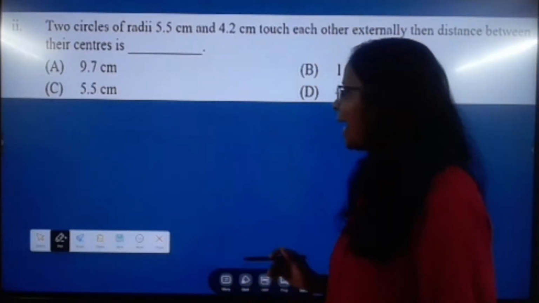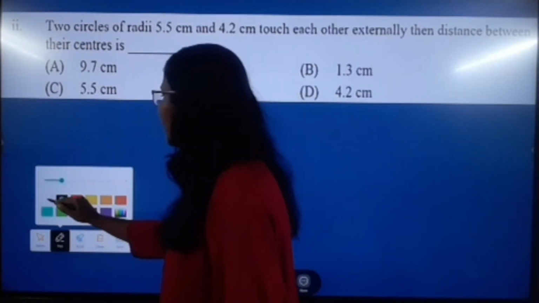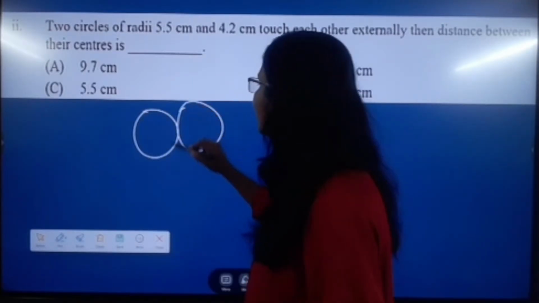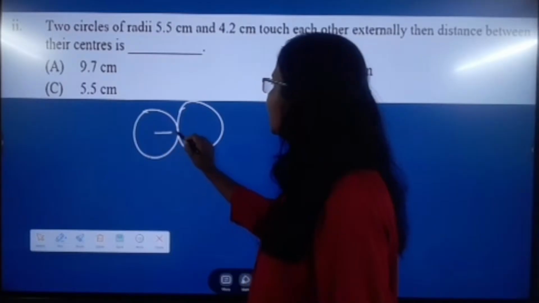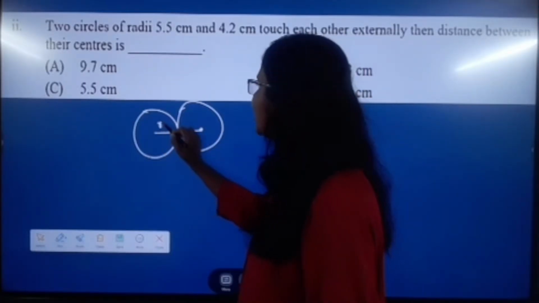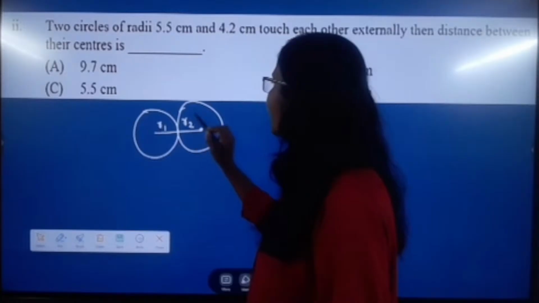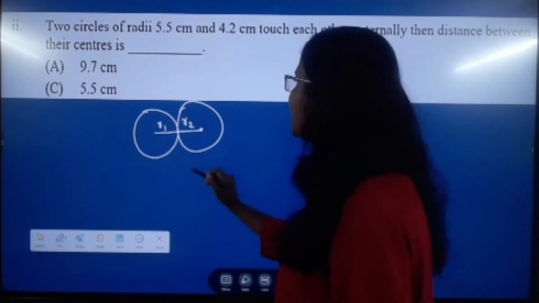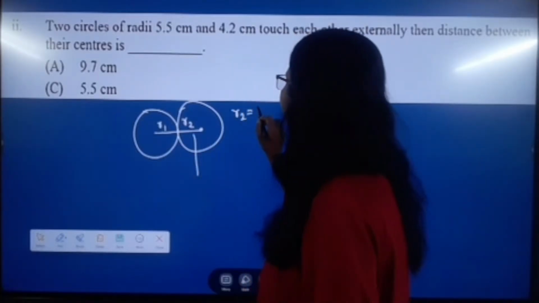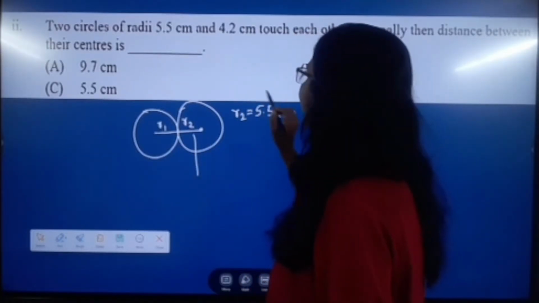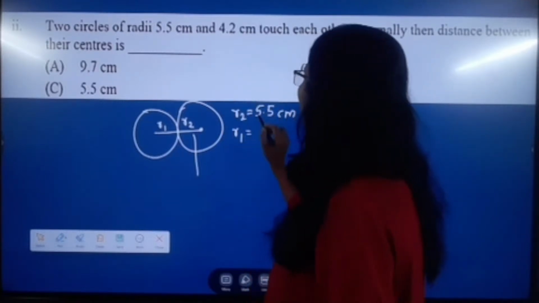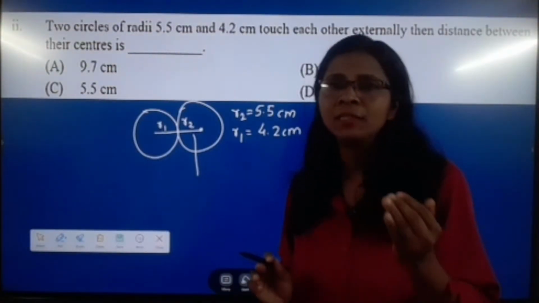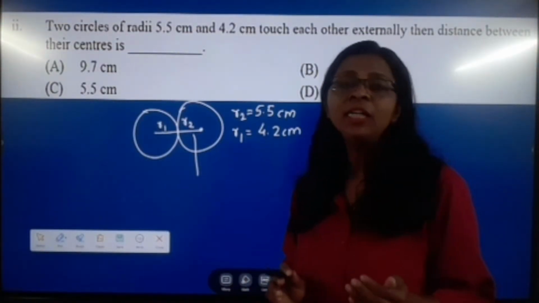If you draw the externally touching circles, this way, suppose this is the radius of the first circle and R2 is the radius of the second circle. Suppose R2 is equal to 5.5 centimeter and R1 is equal to 4.2 centimeter, and we have to calculate the distance between their centers.